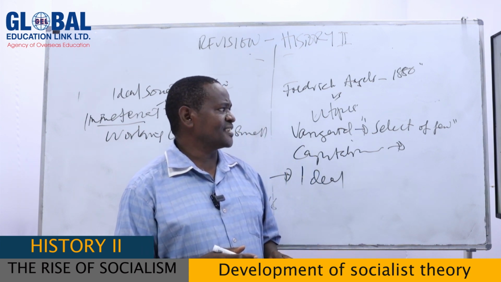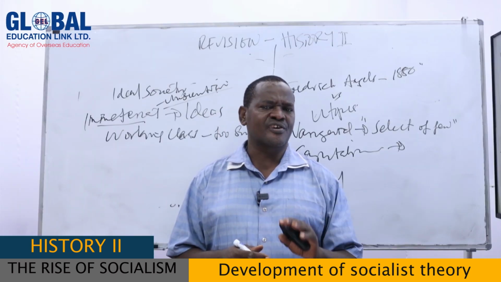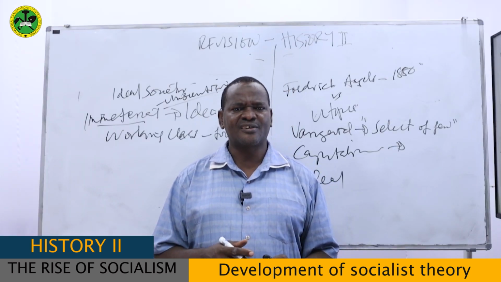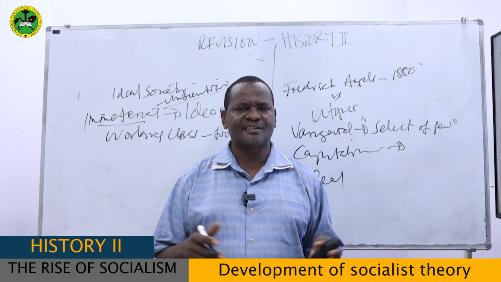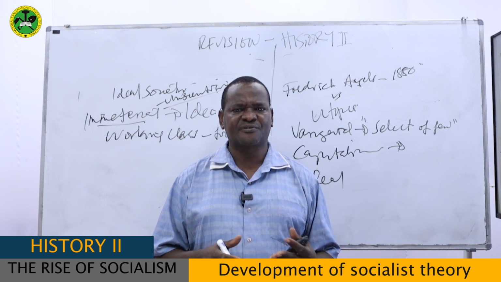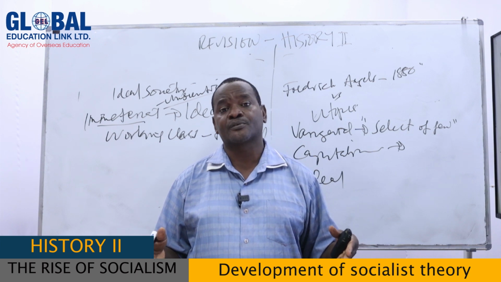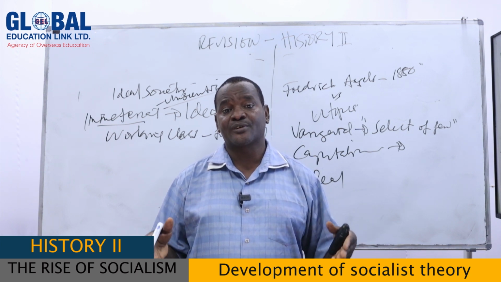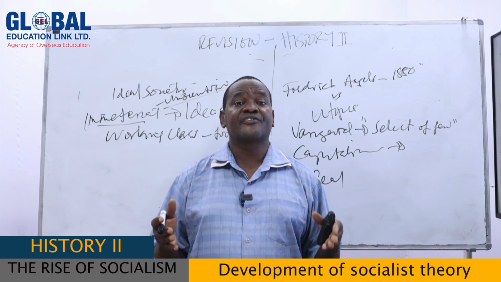The third weakness is that they did not consider the role of workers in the transformation. They never spoke about the role of workers in transformation. They only believed that those utopian leaders can just meet with the capitalists and talk and convince them to change. Let's take the example of people like Charles Fourier, writing a book, sitting in a certain place, waiting for people to come, so you can talk with them, argue with them, and give them the book that you have written, and they can read and change.